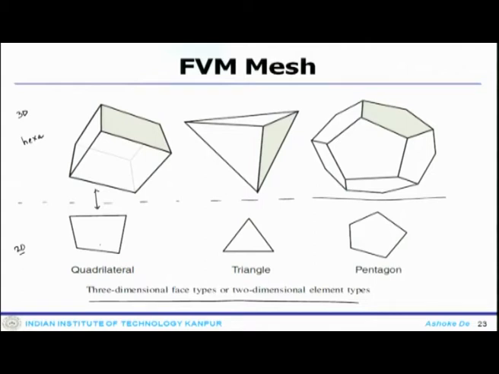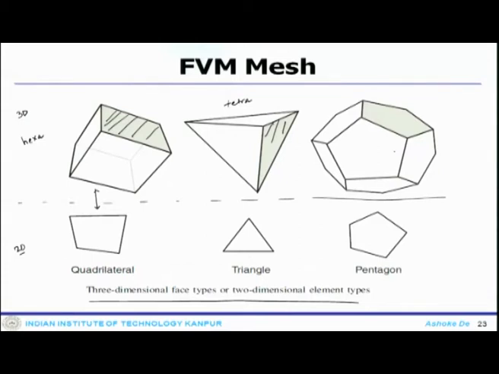Now, similarly, this one is a tetrahedron. So, this is a tetra in 3D. If you look carefully, the interesting part here is that one particular face of the hexa becomes a 2D element. Similarly, one particular face of a tetra becomes a 2D element, a triangular element.